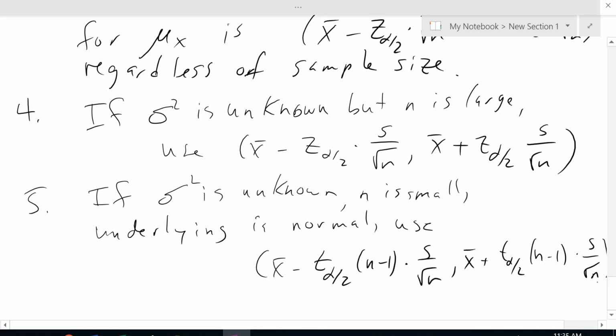At least these two are symmetric as far as their forms. Either I use a z or I use a t. I just have to know whether I get my value from the normal distribution or from the t table, whether the sample is large or small.